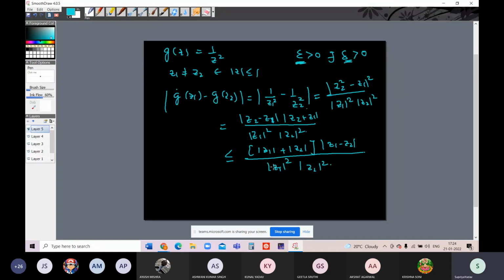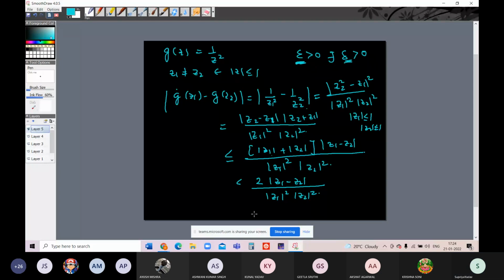Our region was mod z1 less than or equal to 1, mod z2 less than or equal to 1. So here we can write 1 in place of mod z1, and also 1 in place of mod z2. So this will give us 2 times mod of z1 minus z2 upon mod z1 square mod z2 square.